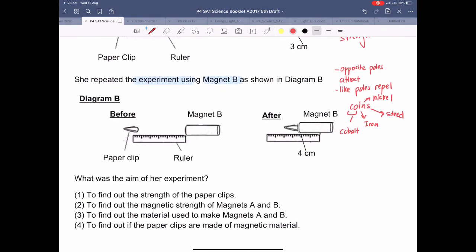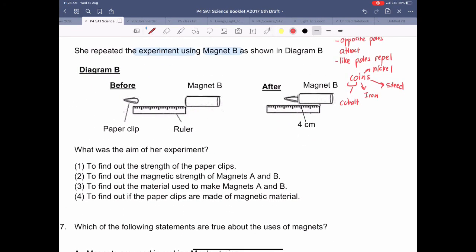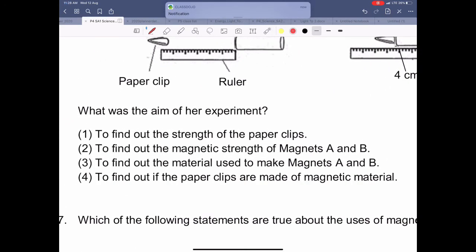So what was the aim of the experiment? It was basically to find out the, is it strength of paper clips? Do paper clips have magnetic strength to them? No. And not only that, they mentioned strength. When they say that, it means the experiment wants to see whether or not the paper clip can break easily. So that's not the case.